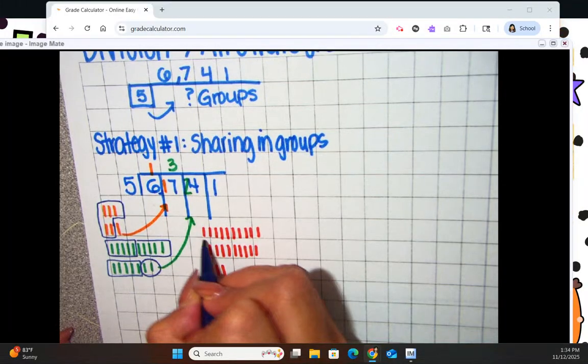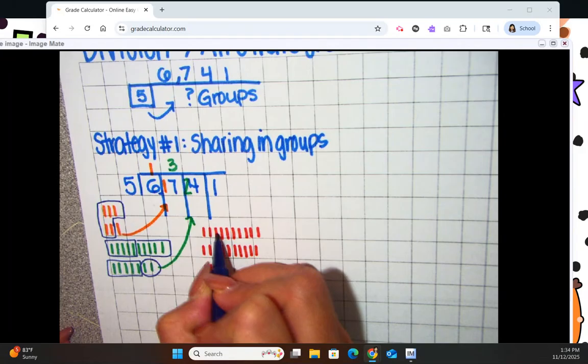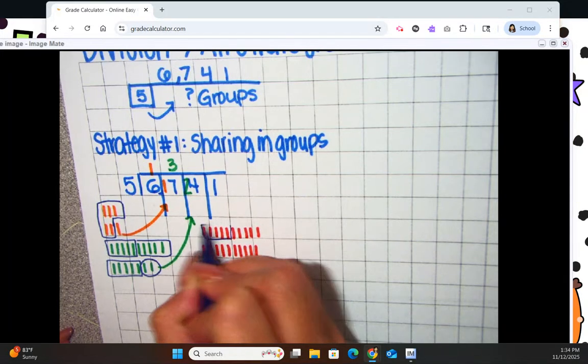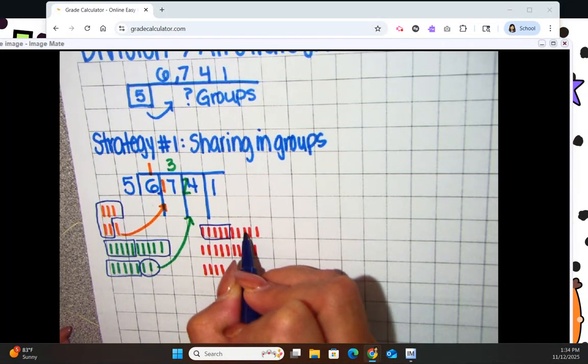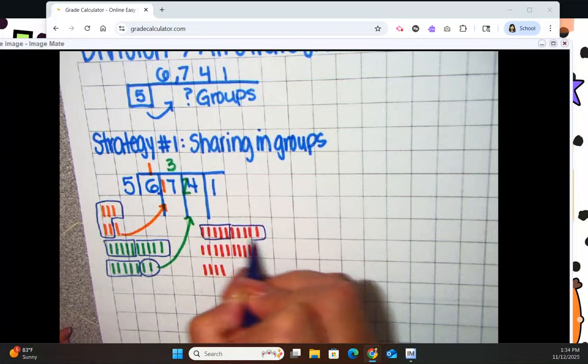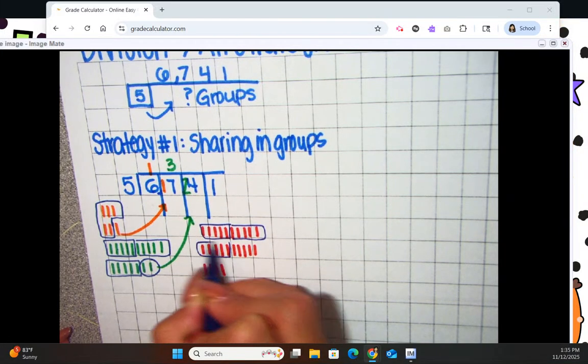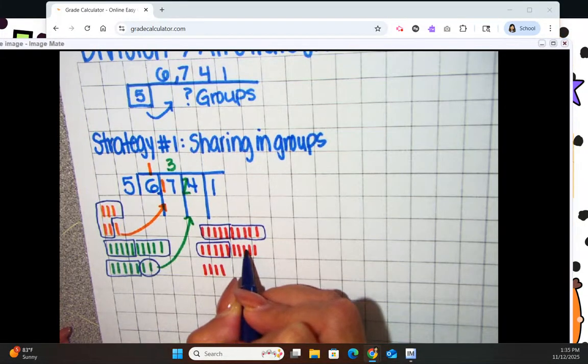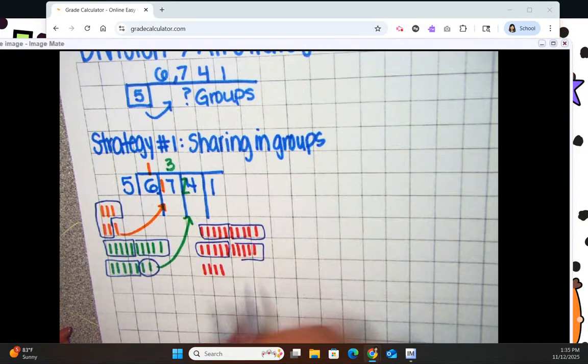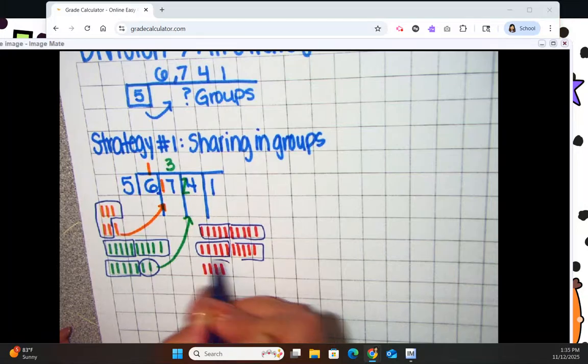Groups of 5. 1, 2, 3, 4, 5, and so on, until I have 4 left over.